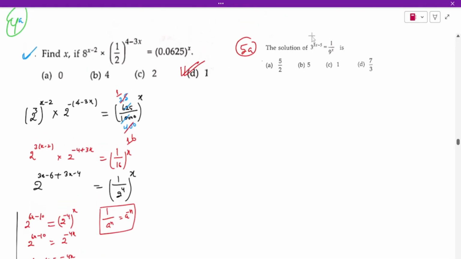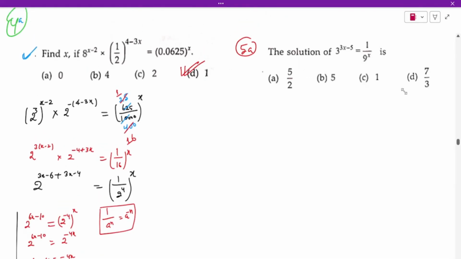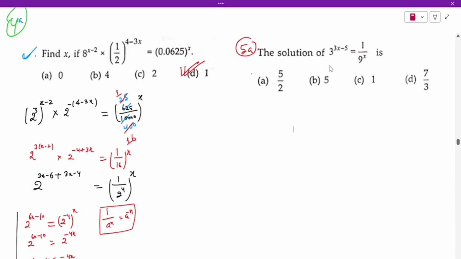Okay, so the next question is to find the solution of this exponential equation in terms of the variable x. We just have to solve this by using the equality of exponents. No need of doing anything on the LHS, just keep it as it is, 3 raised to the power 3x minus 5.